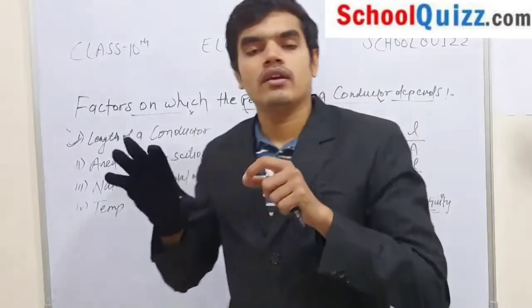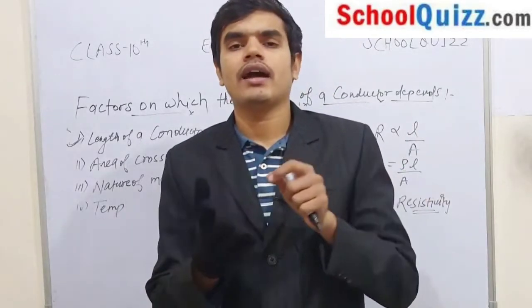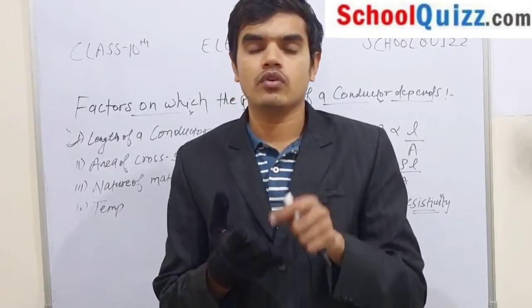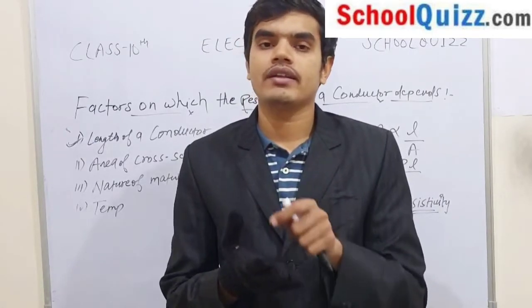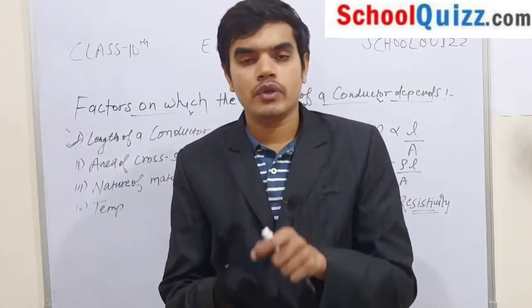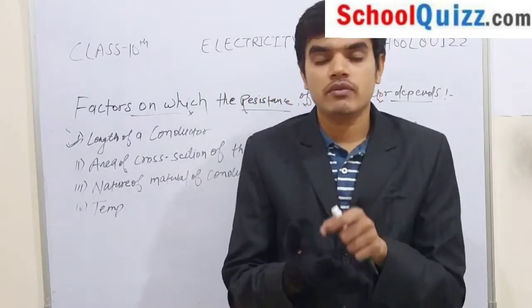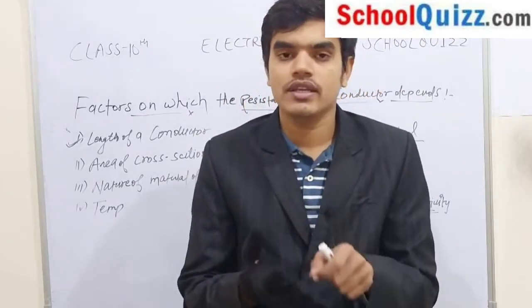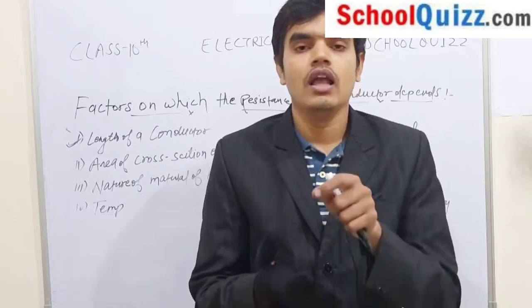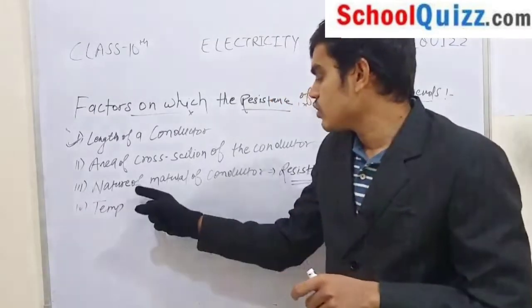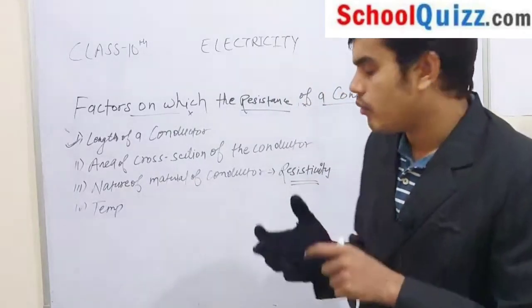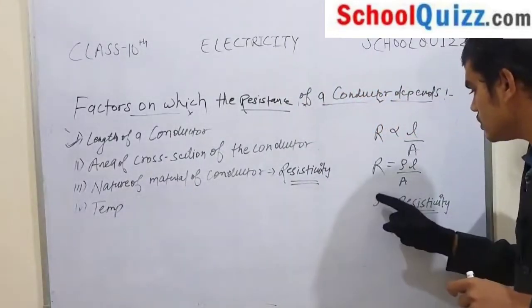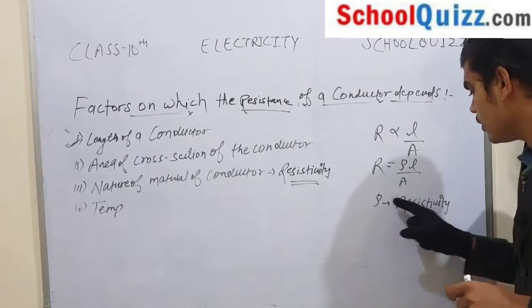There are many conductors like iron, cobalt, nickel, gold, aluminum, silver, and the value of resistivity for every conductor is different. Why different? Because resistivity is a specific property of the material it is made up of. So this is your rho, resistivity.